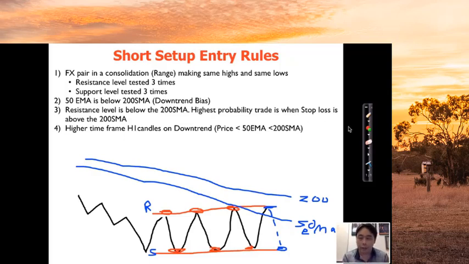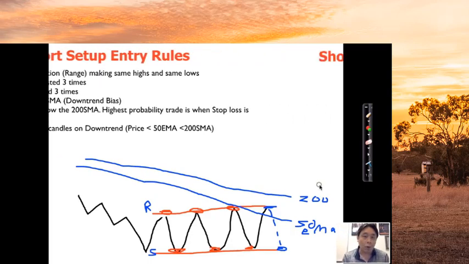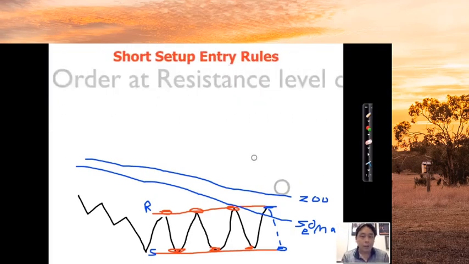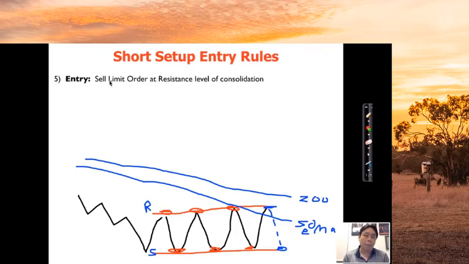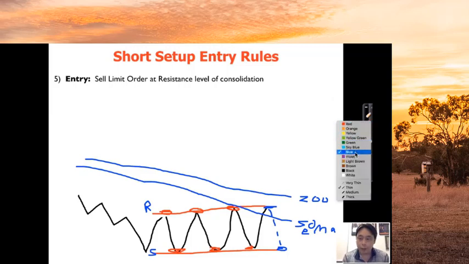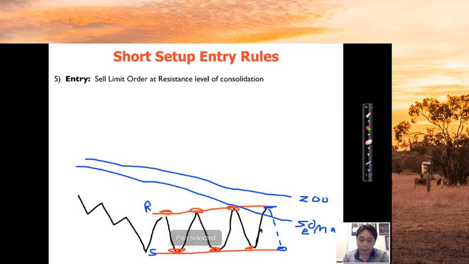So once we've got a short setup, we look to place our orders. For our entry point, we place a sell limit order at the resistance level. In other words, we are looking at the price going up and we think it could be reaching that resistance level, so we place a sell limit order there.